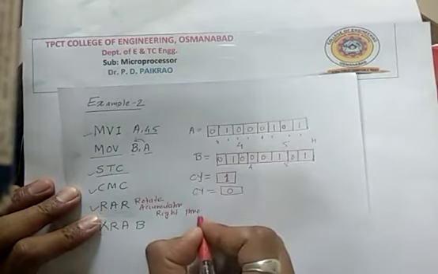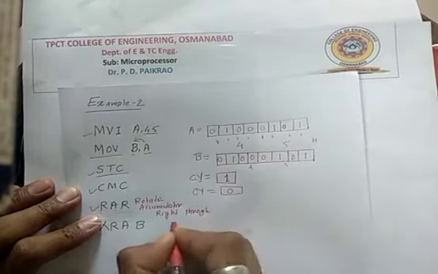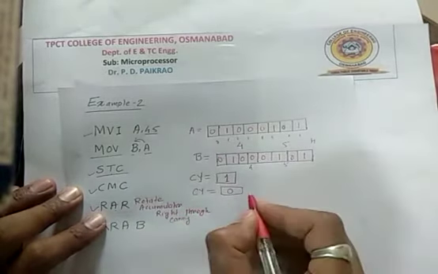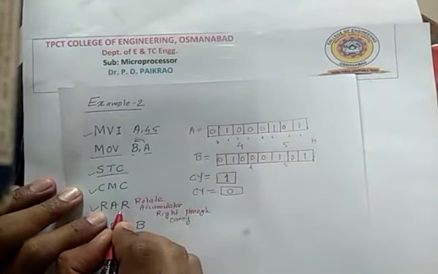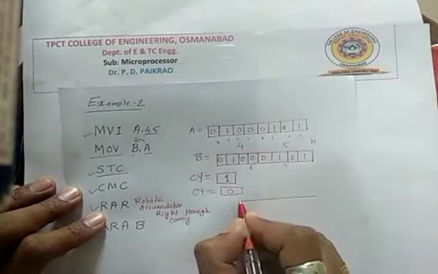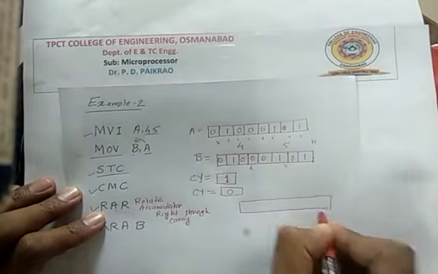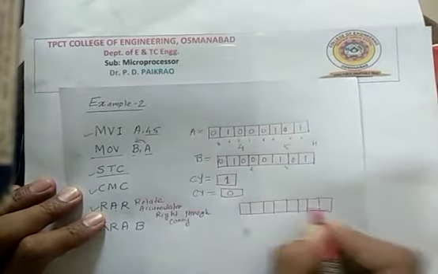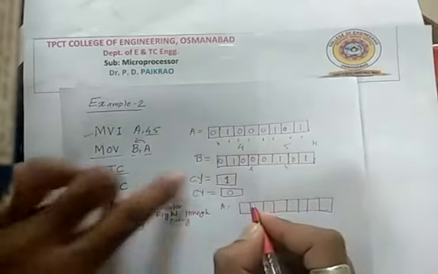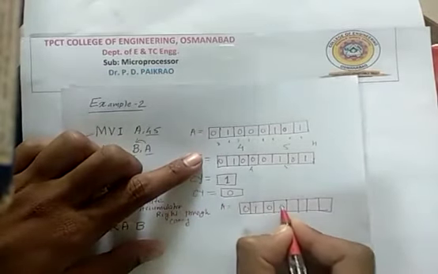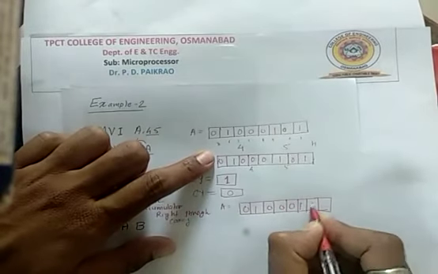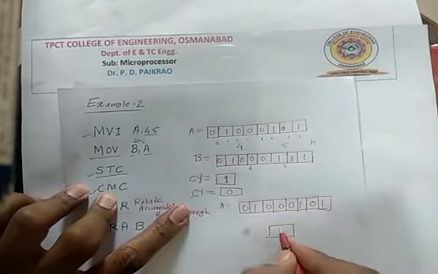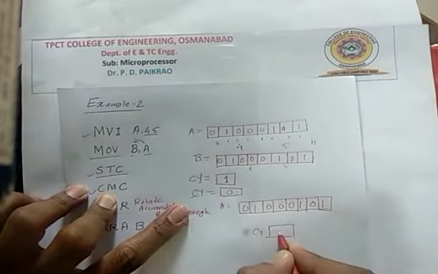We move the accumulator content, which is 45, so the accumulator content A equals 0 1 0 0 0 1 0 1. And the carry CY is 0, from the previous instruction.